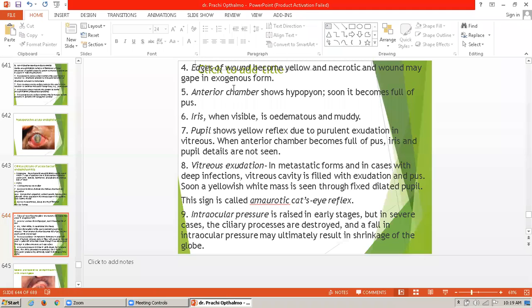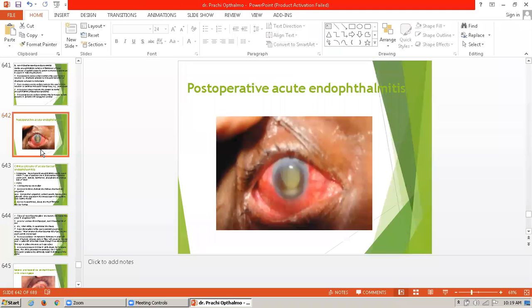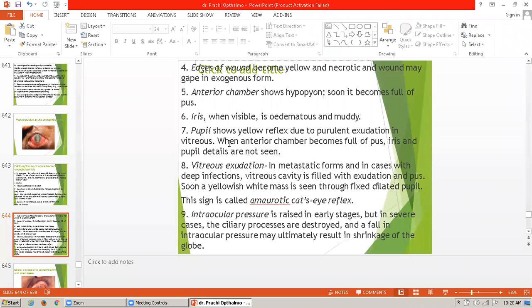We can see in this diagram that the edges of the wound become necrotic and yellowish, and the wound may gap in the exogenous form.